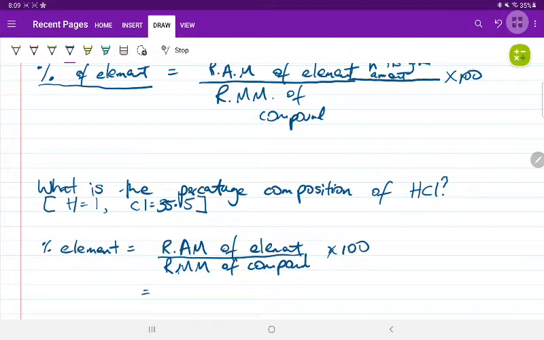So let's do percentage hydrogen. That's going to be 1 divided by the whole compound, which is 1 plus 35.5. So that's 1 divided by 36.5, and then we multiply that by 100.